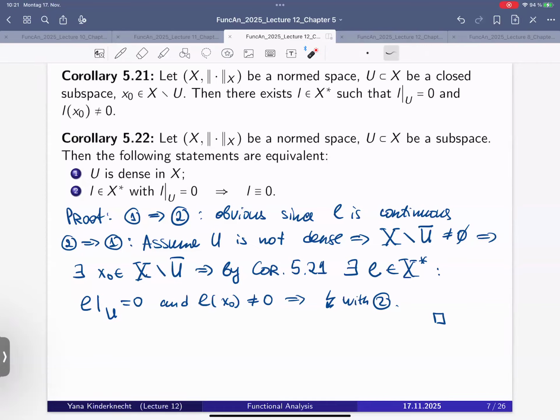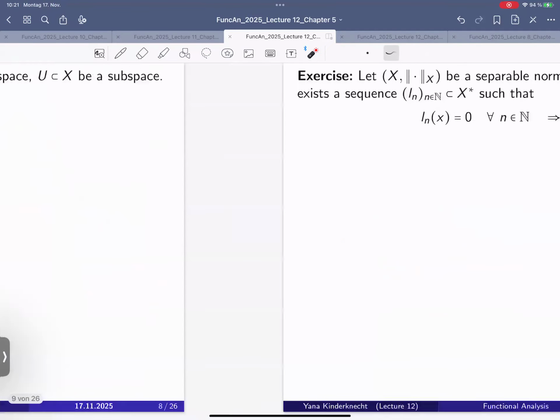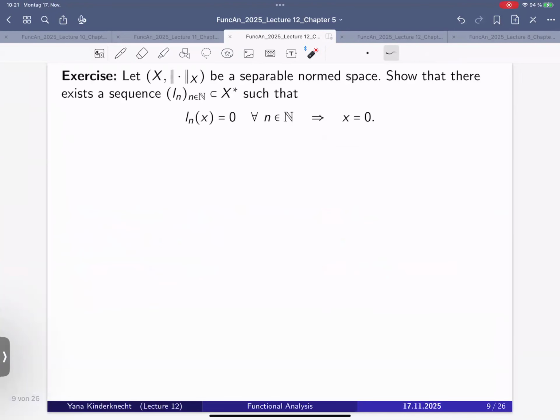And we go further, and we are going to see another portion of corollaries of the Hahn-Banach theorem, which have some geometric interpretation. So let's go further. The first exercise, home task for you. Let X be a separable normed space.